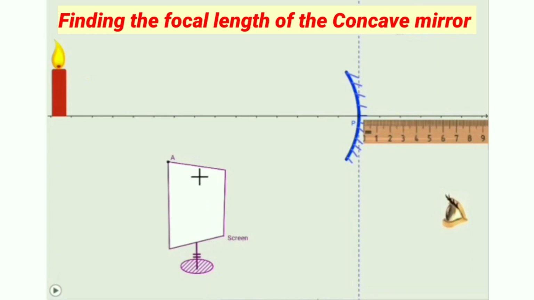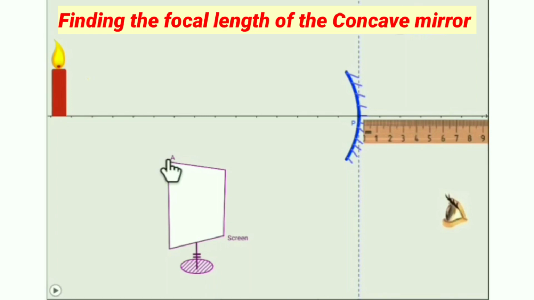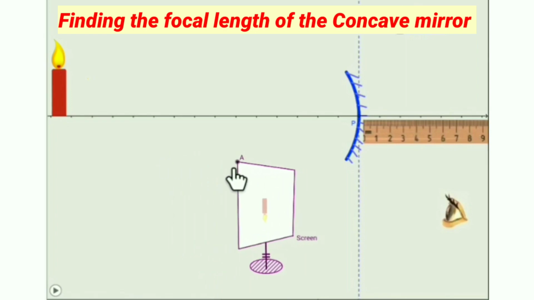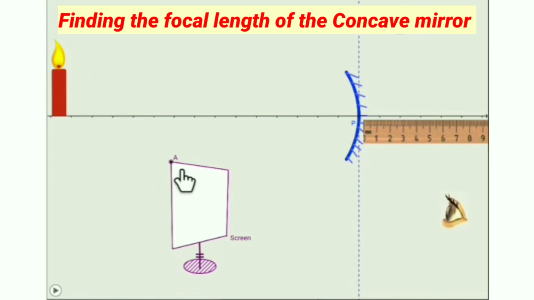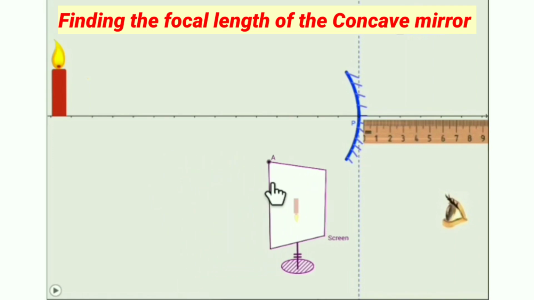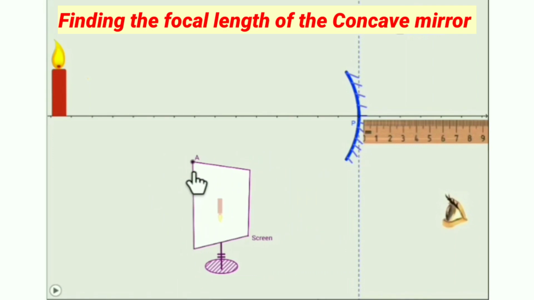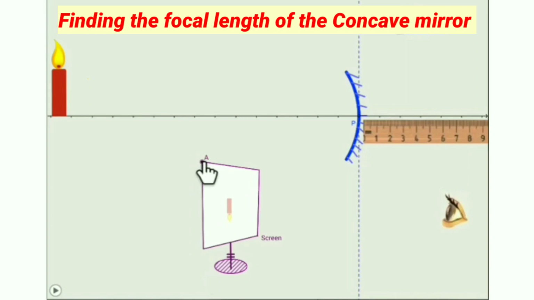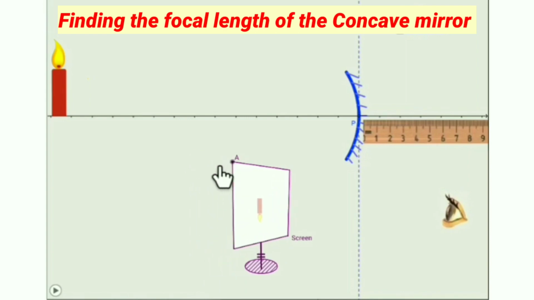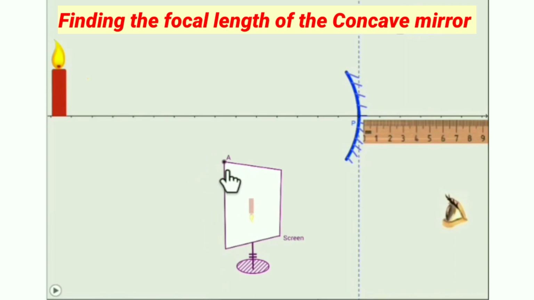Now this is the screen, and we adjust the screen front and back. When adjusting the screen from front to back and back to front, you can get the inverted image here. But we have to adjust the screen until we get a clear image.